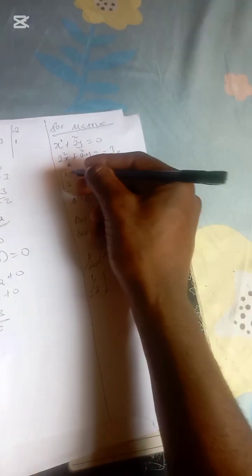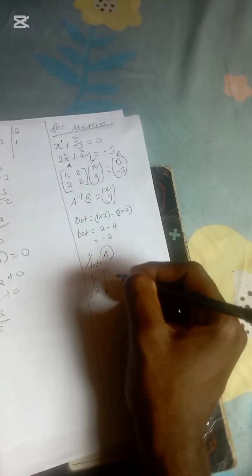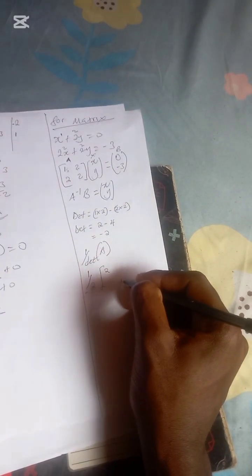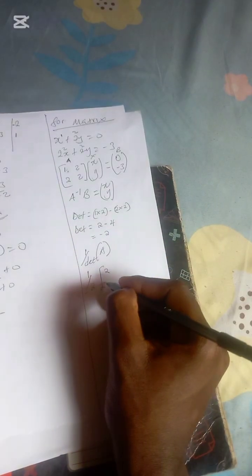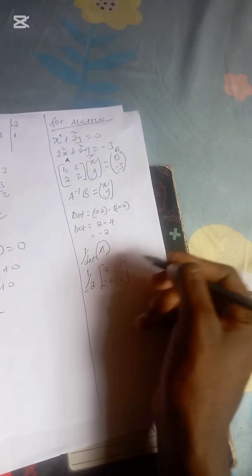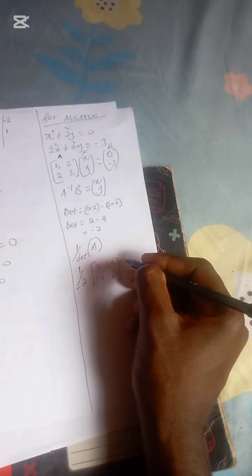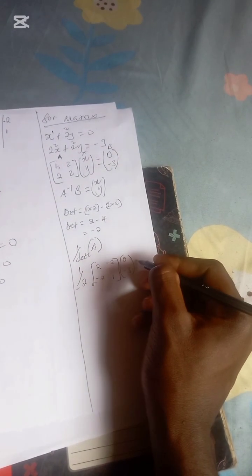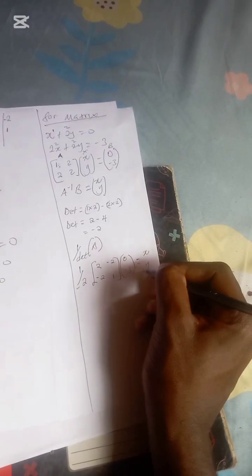Now the 1 will go down there and the 2 will go on top. These off-diagonal entries will not change, but their signs will change, so this one becomes negative 2 and this as well negative 2. Then this now times this one is equal to [x; y].